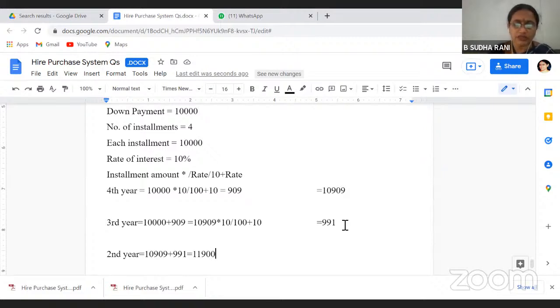Upon this 11,900, again calculate interest, 10 by 100 plus 10. How much do you get? 11,900 divided by 110. 1,081. Very good. So this is the cash price.